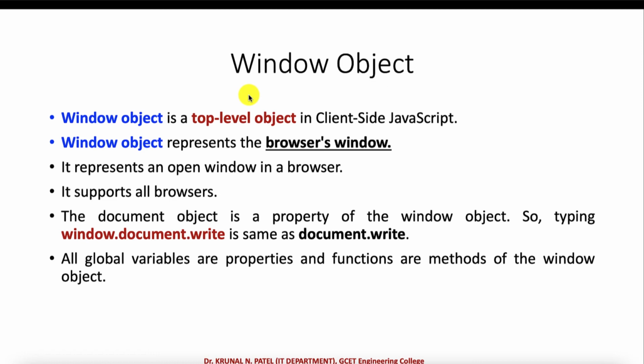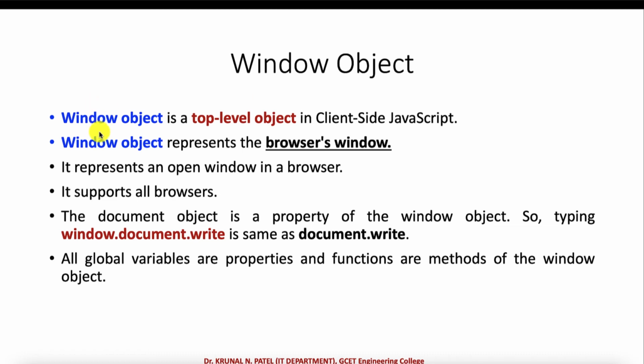Suppose you want to manipulate the information regarding the windows, for example, fetch the size of your window, or open a new window from the current window. That kind of task you can perform with the use of the window object.